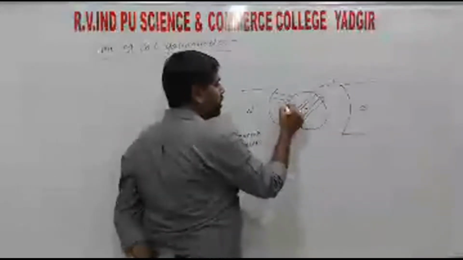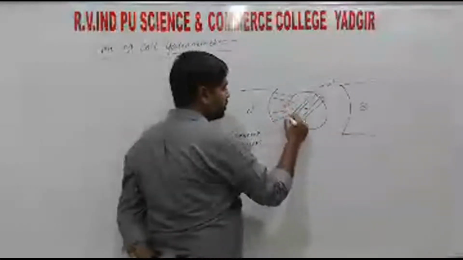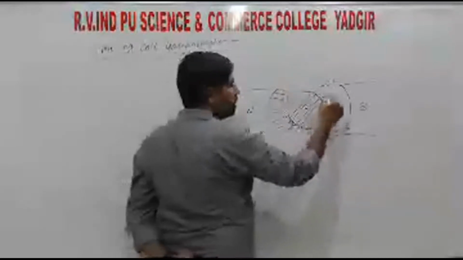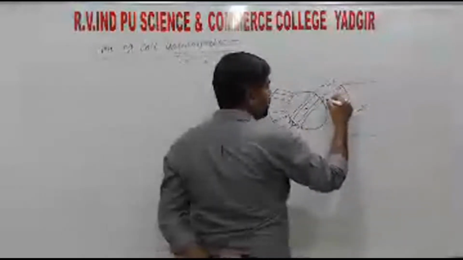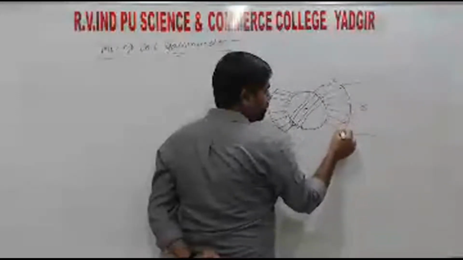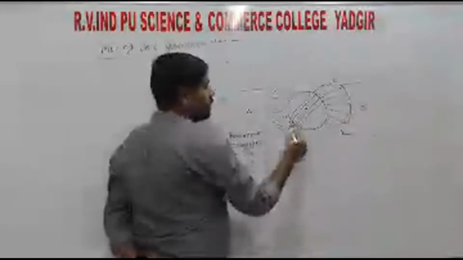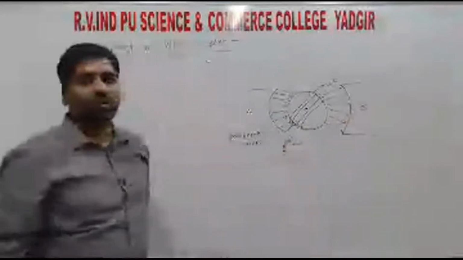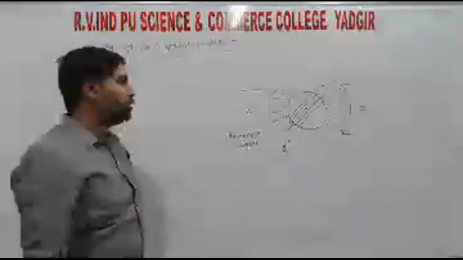So electric field or magnetic field lines we will discuss in our next chapter. There we are going to discuss the radial magnetic field, right? So this is the magnetic field B. So B represents what? The magnetic field, right?